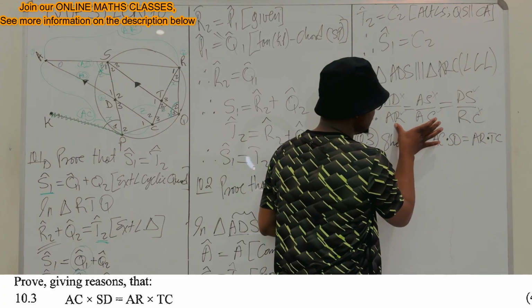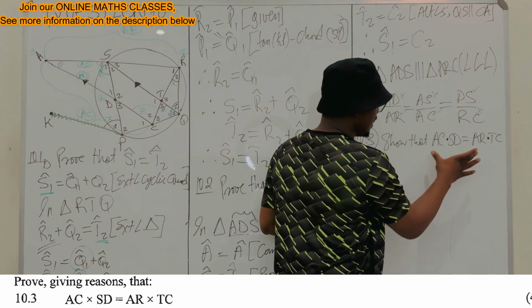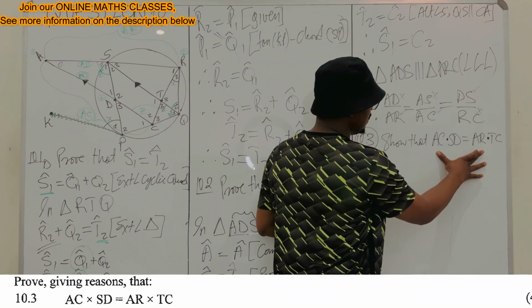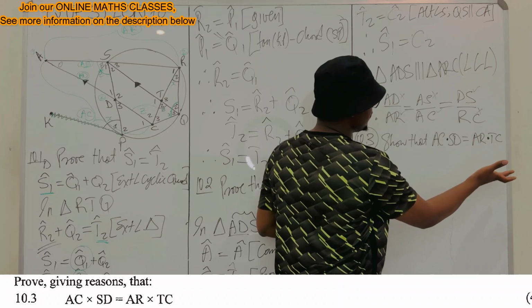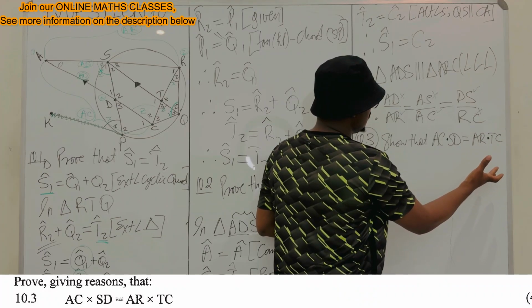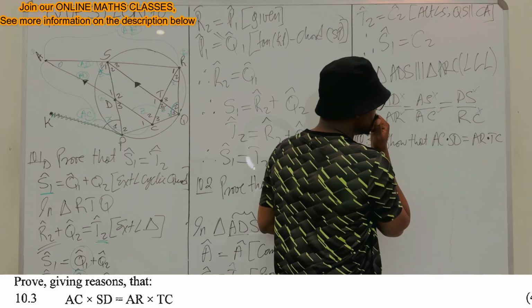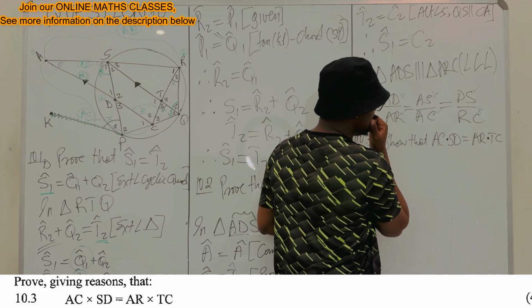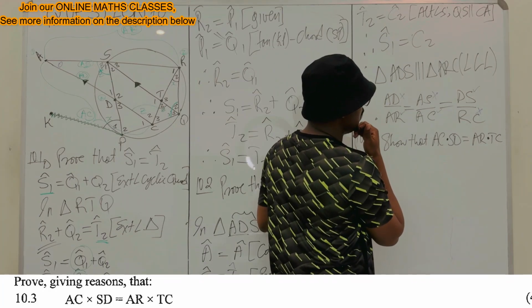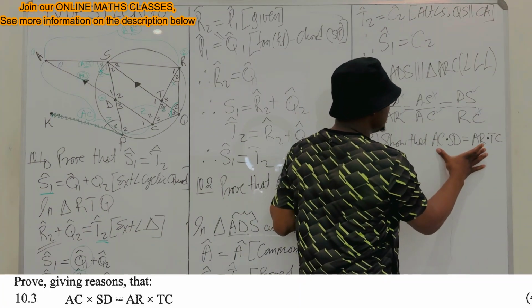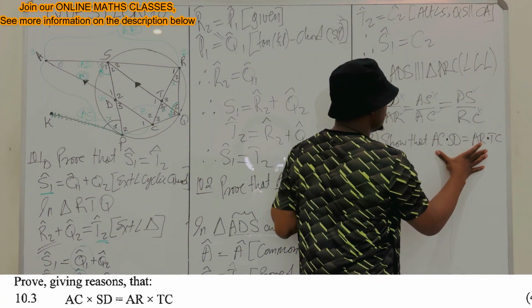Yeah, they're on the different side. They are multiplying other stuff. I have AR and AC. They are multiplying other stuff.